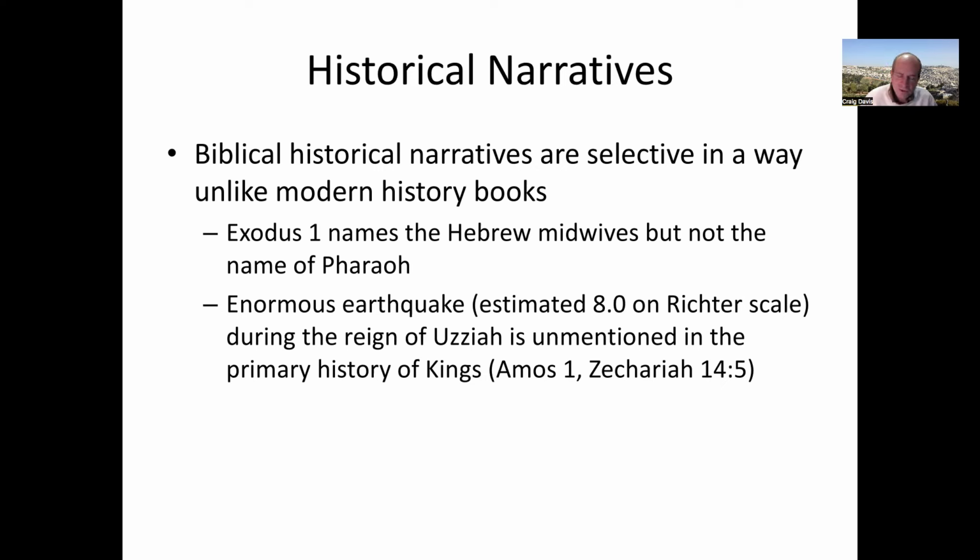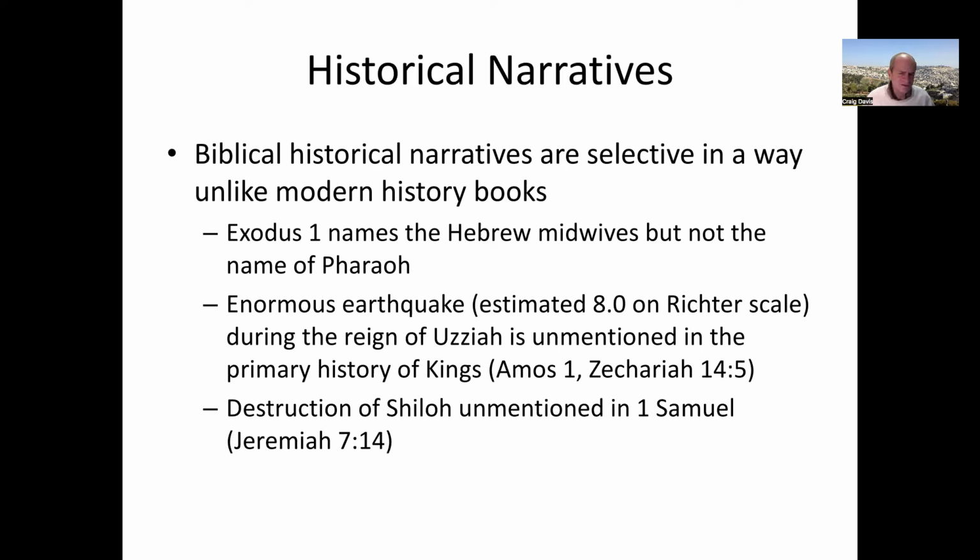It's referred back to in the book of Amos, which says that Amos was writing 2 years after the earthquake. And the earthquake was apparently such a big deal that it's mentioned in Zechariah, and people remembering it. But that was 200 years in between the earthquake and when Zechariah was written. So it was a really big deal, but the primary histories of the Bible, they didn't mention it.